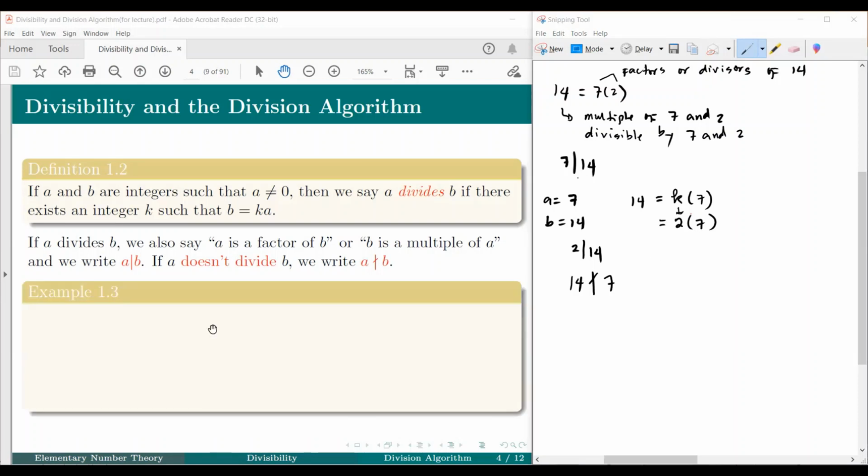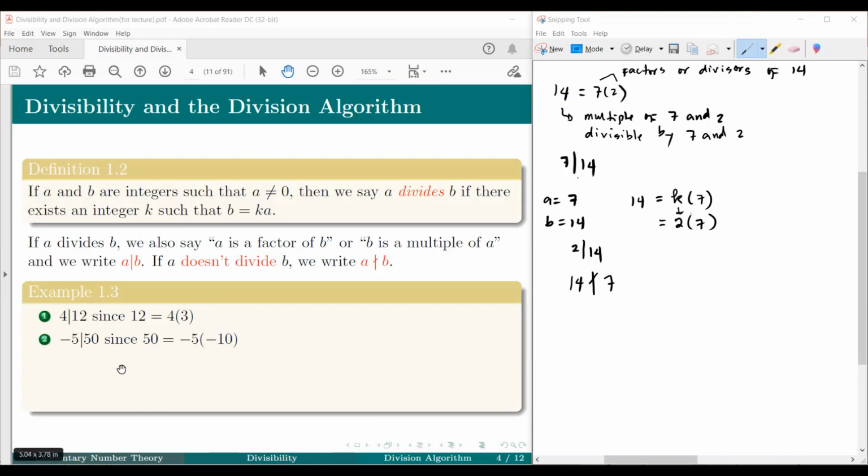So let's have here an example. We have here 4 divides 12, since we can write 12 as the product of 4 and 3, or 12 has factors 4 and 3, or 12 is a multiple of 4 and 3.